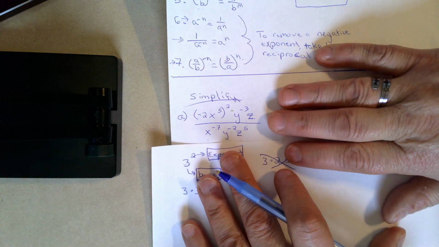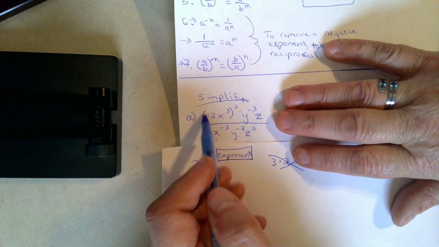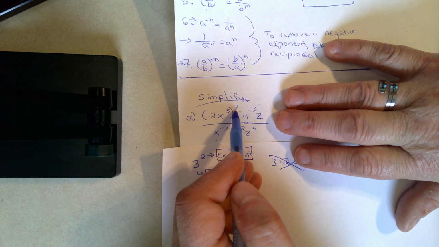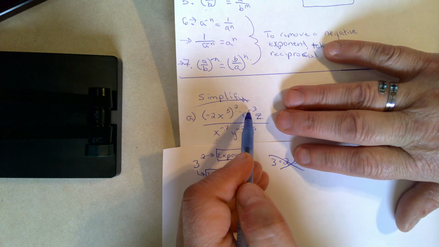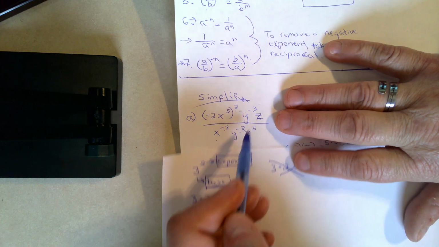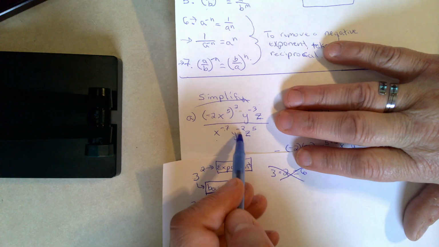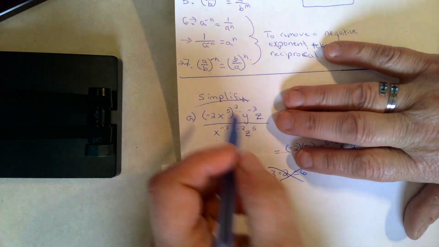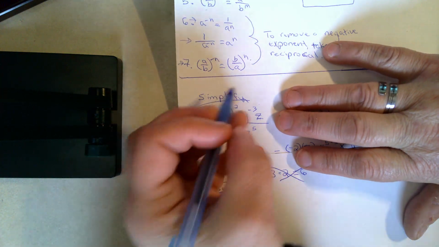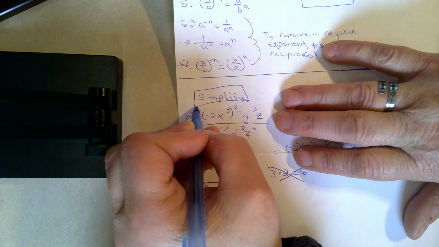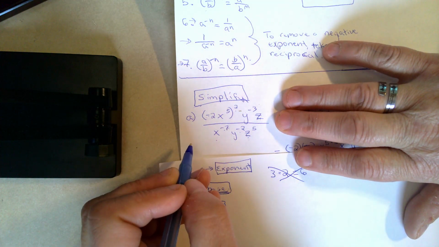Okay, so if I take negative 2x to the 5th all to the 2nd power times y to the negative 3rd times z, all divided by x to the negative 7, y to the negative 2, and z to the 5th. I want to simplify this. This is not an equation, so there's no solving for anything.